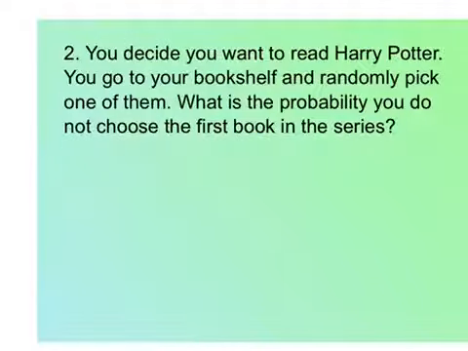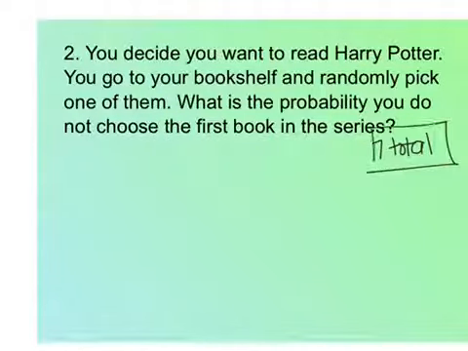So example number 2 here, you decide you want to read Harry Potter. You go to your bookshelf and randomly pick one of them. What is the probability you do not choose the first book in this series? Couple things we need to know. There are 7 total books in the Harry Potter series. If you didn't know that, now you know. So it is asking me to find the probability that I do not choose the first book in the series.